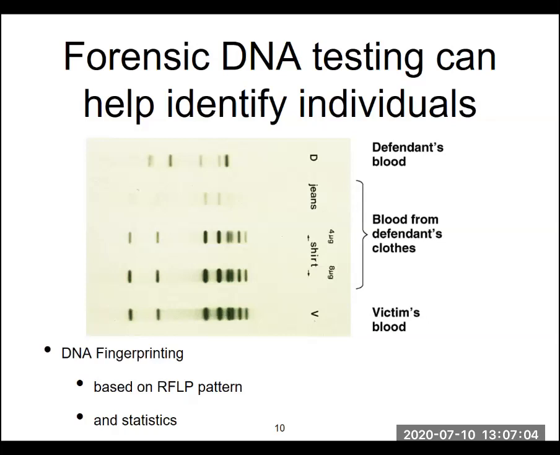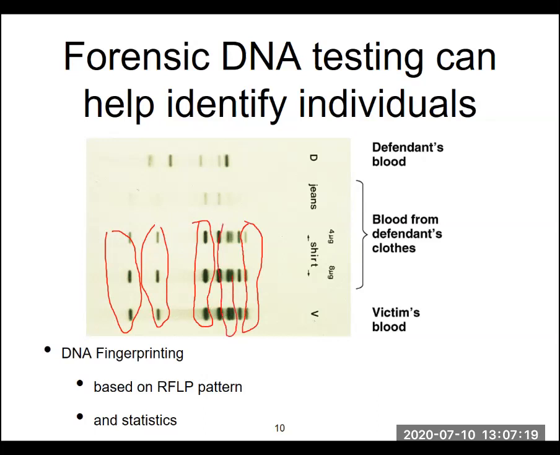In this case, we can see almost a one-to-one relationship between all the fragments of DNA found within the blood of the victim and those found on the bloody clothing of the defendant. So this is going to be very good evidence that if we look at enough of these bands and enough of these patterns, we can run statistics and say it's highly likely that the blood found on the defendant's clothing came from the victim.